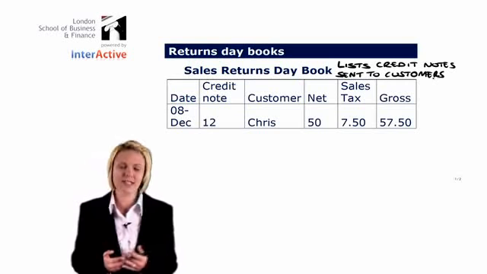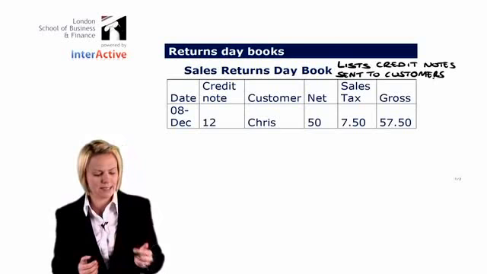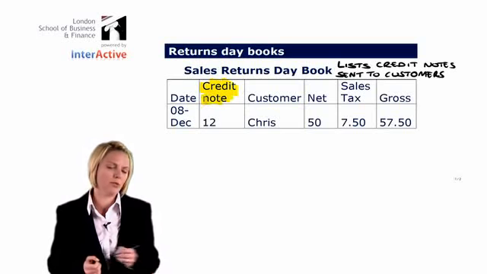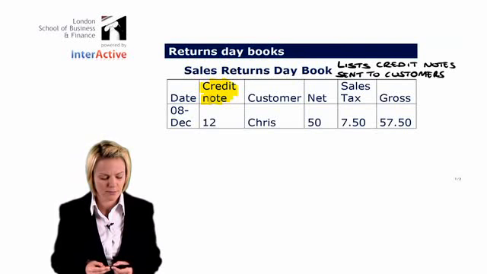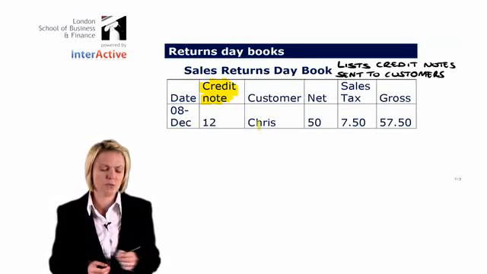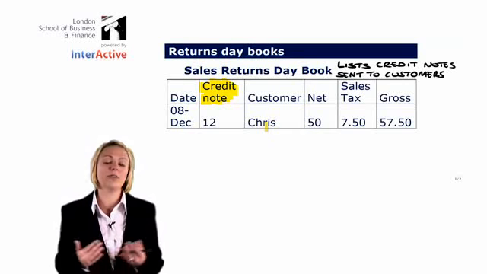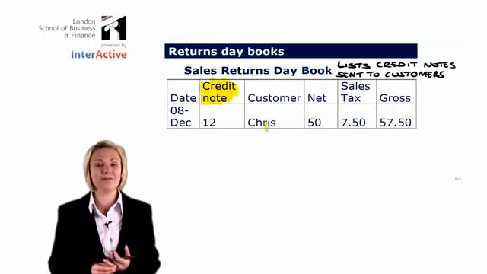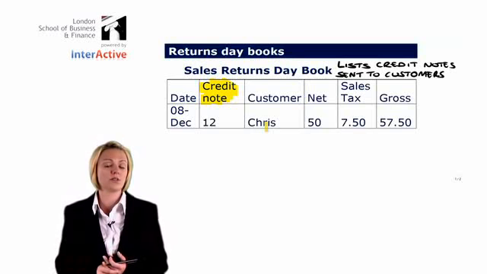Okay, so let's go straight into this then. Notice again is pretty similar to what we've seen previously, but rather than invoice number we now have the credit note number that we issue to the customer. So notice then we've got customer Chris, and we're sending a credit note with a net amount of 50. Remember, the net amount is always after trade discount has been charged, and that's the same for credit notes as well.